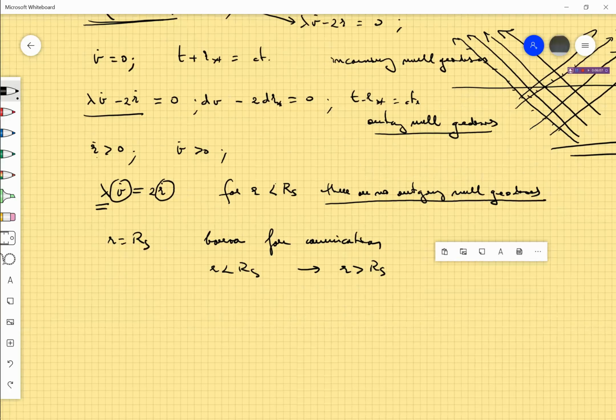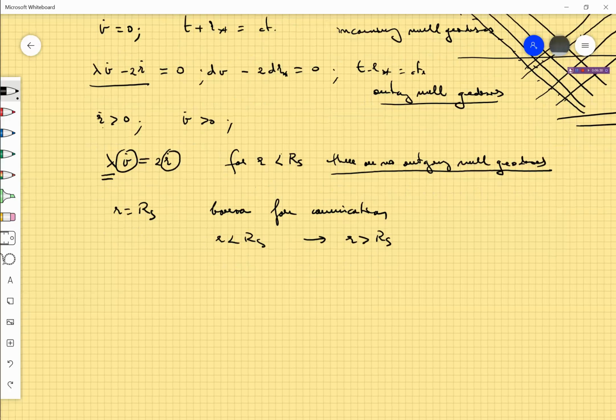We never worried too much about this when we studied the tests of general relativity, because for most astrophysical objects, the surface of the planets or stars is always larger than rs. Rs is very small for any object. For the Earth it is just a few centimeters. So the surface always lies beyond this surface.